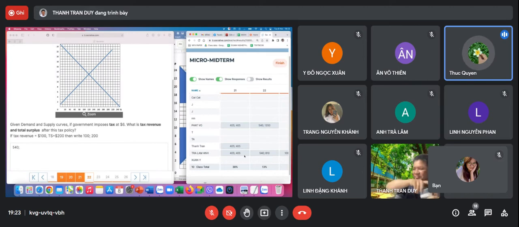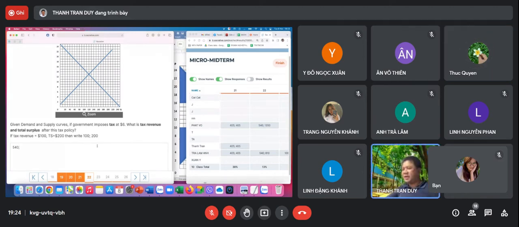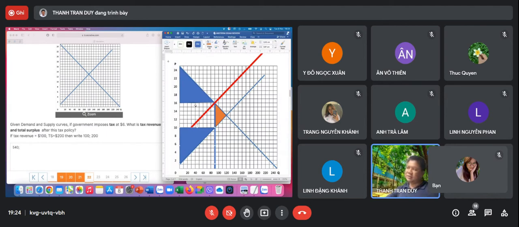Anyone? I think that is 1350. Why do you have that number? I think the total surplus is the sum of tax revenue and both consumer and producer surplus. Exactly. Total surplus will include consumer surplus, producer surplus, and the tax revenue.